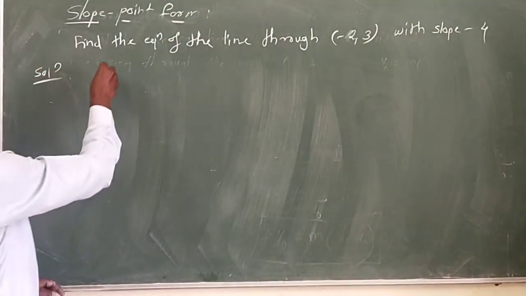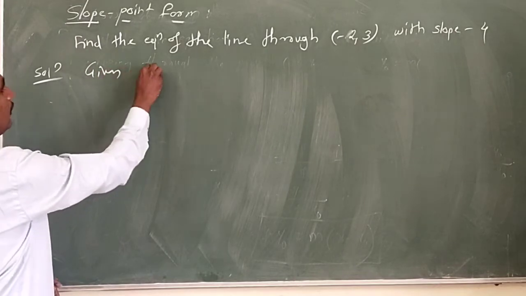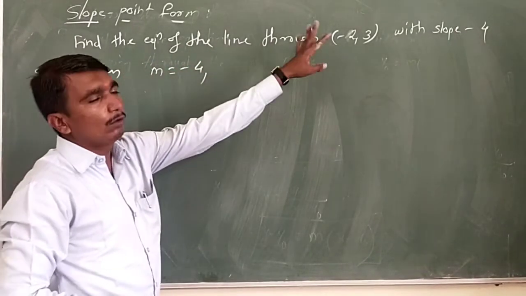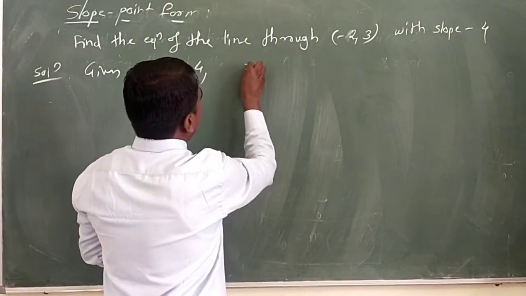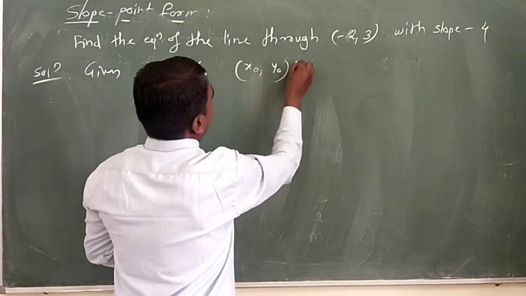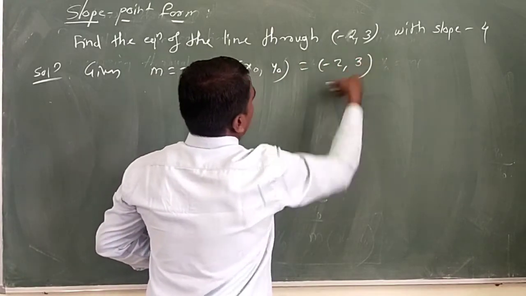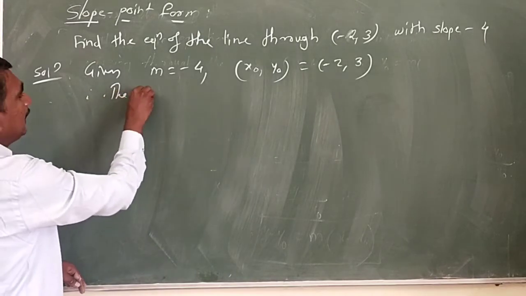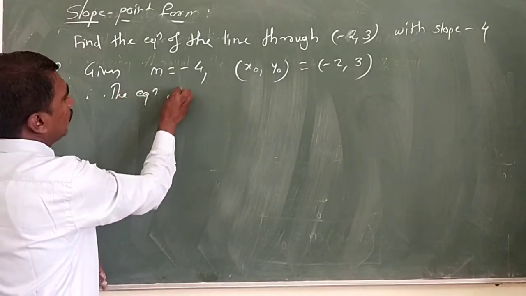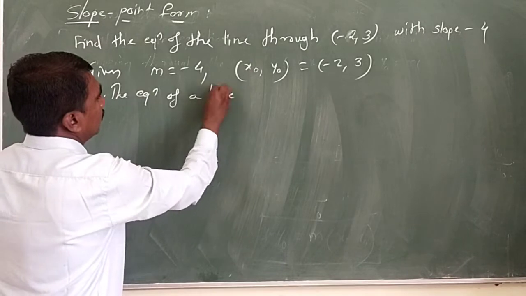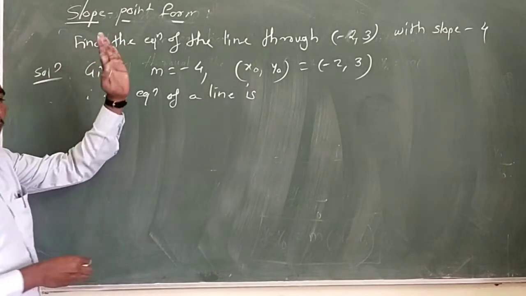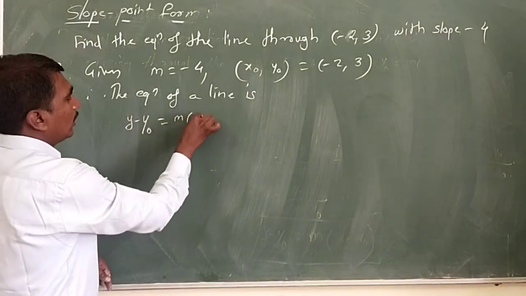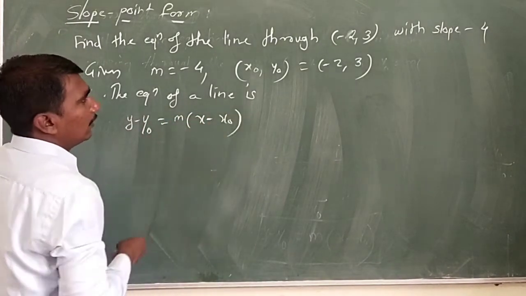Solution. What is given? Here given slope m is equal to -4, and the point through which the line passes is given, that is x0, y0 is equal to -2, 3. So therefore the equation of a line in slope point form is y minus y0 is equal to m into bracket x minus x0.